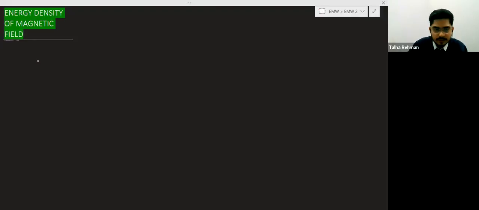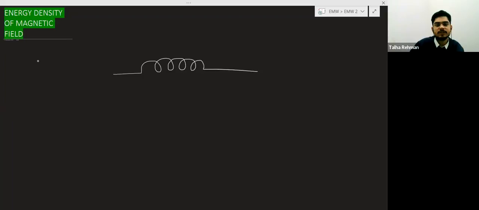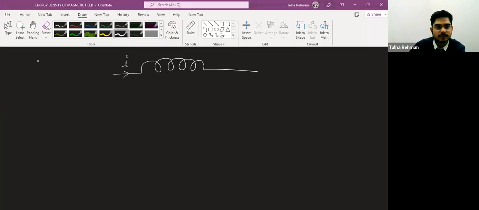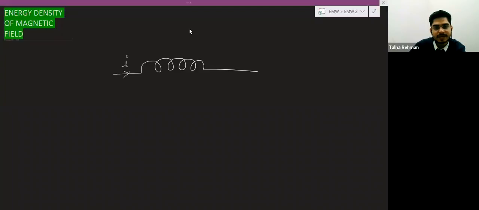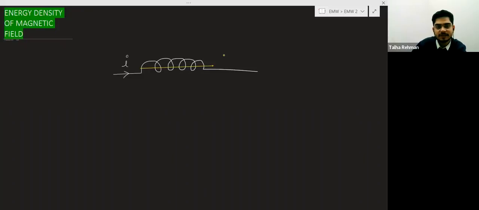Suppose you have an inductor like this, and in this inductor there is a current I. So if there is a current I in the inductor, there will be a magnetic field inside the inductor, in the axial direction like this.